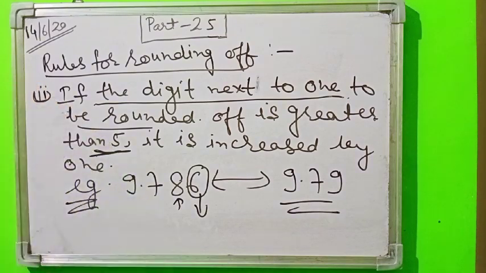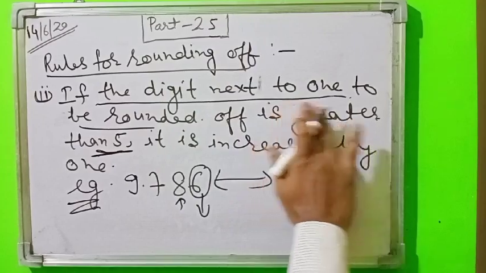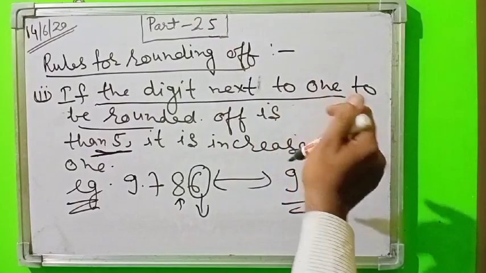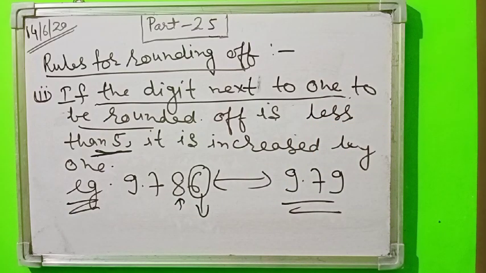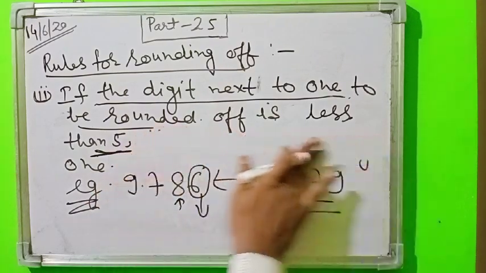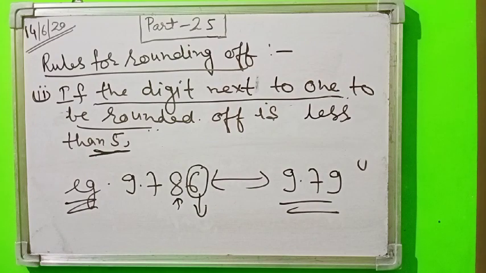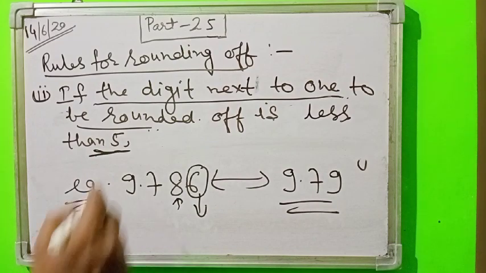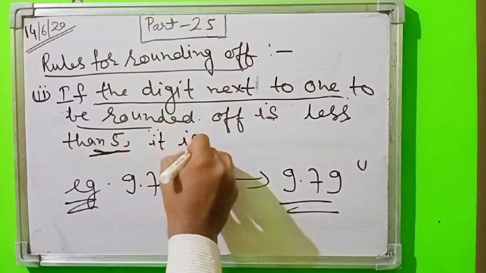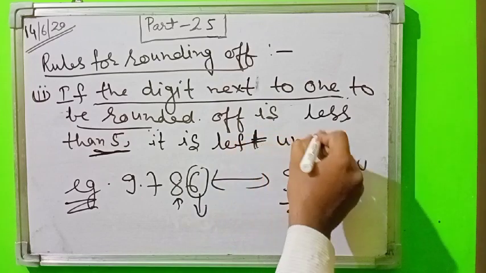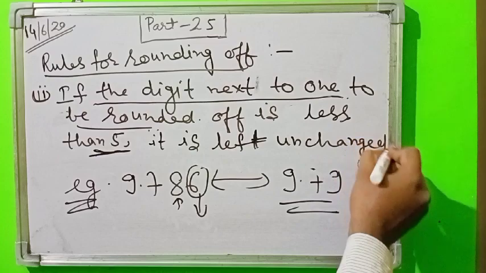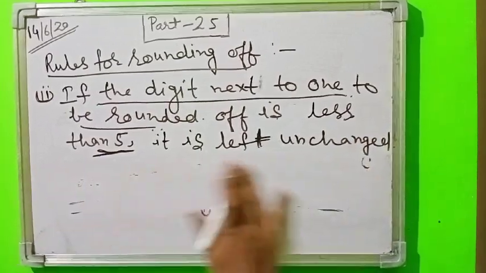Now the second rule: if the digit next to the one to be rounded off is less than 5, then it is left unchanged.